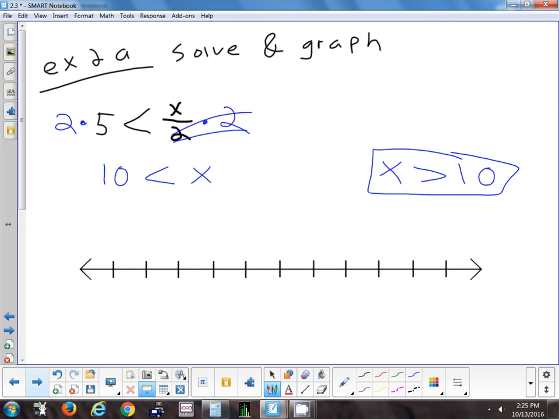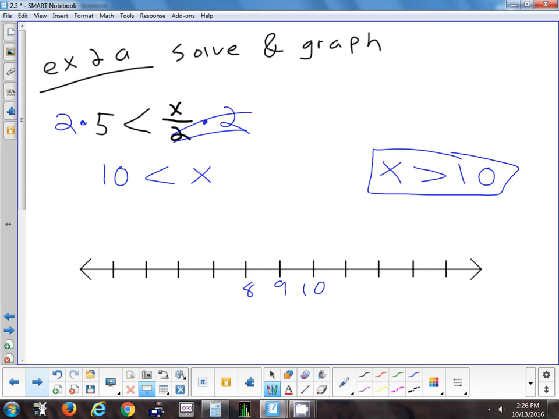Okay, so I'm going to do my number line. And Jordy, what kind of circle? It's open. Okay, why is it open? Why do we do an open circle on this one, Kyle? It's not equal to.